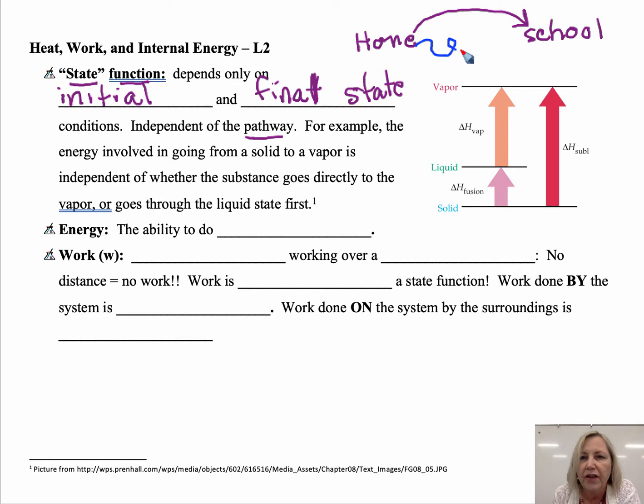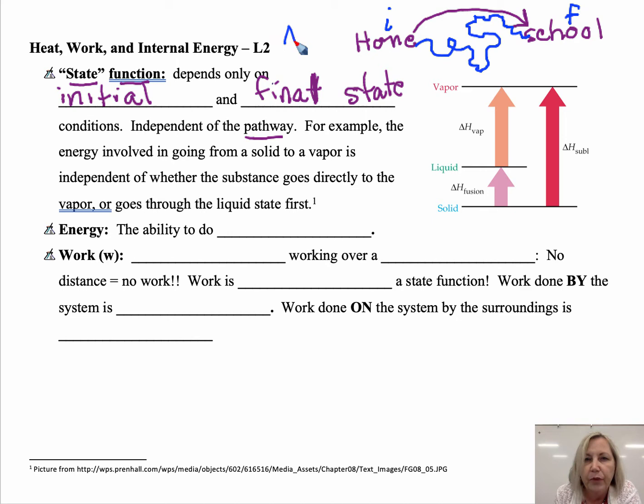That would depend on whether you stopped at your friend's house and then went to Sonic and then maybe had to get some tiny donuts, and then you might have ended up at school. So that would be the difference. A state function depends only on the initial and final. A non-state function would depend on the pathway that you took.